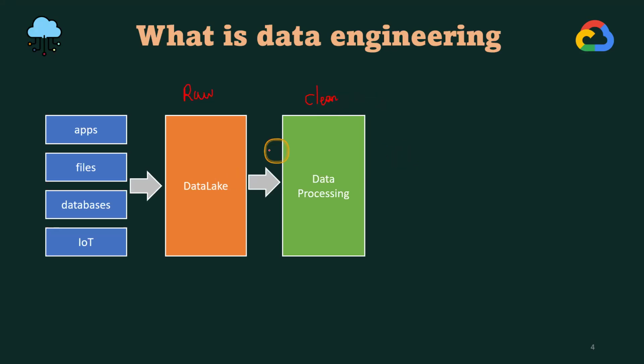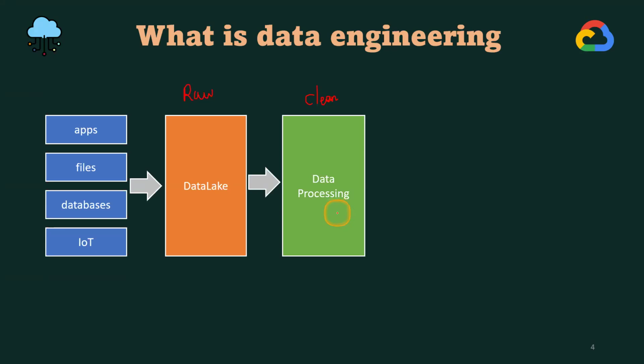We use multiple tools for the data processing. Some people use the Spark framework, some use SQL, some use Beam. Multiple frameworks and tools are there to do the data processing. I will name them in a few minutes.